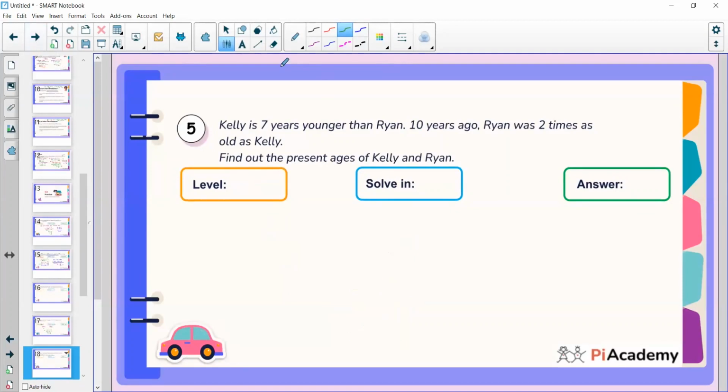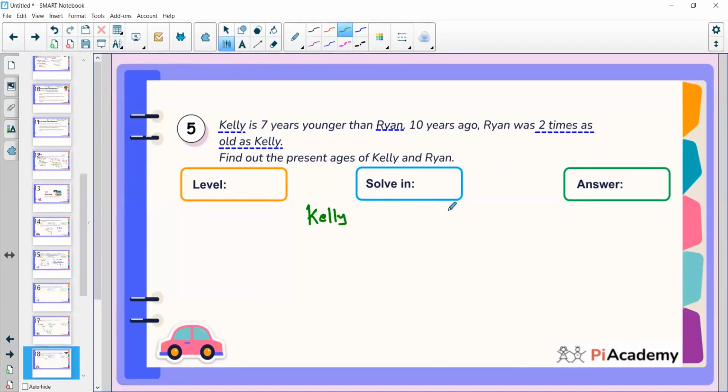Kelly is 7 years younger than Ryan. Okay, so you have Kelly and you got Ryan. Now, 10 years ago, Ryan was 2 times as old as Kelly. Find out the present ages of Kelly and Ryan. So first of all, you have been given two people.